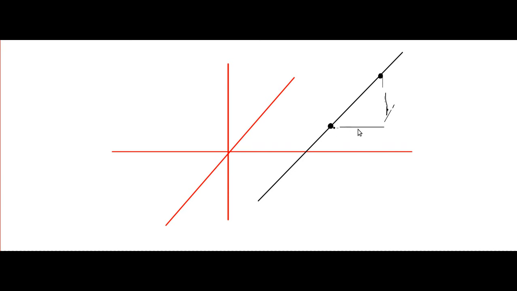And the lengths of the projections are denoted by A, B, C. And these quantities are called the direction ratios of the line.